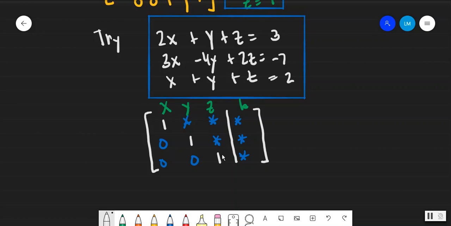So if we can get it in this form, then theoretically we can cut down the number of steps, and that includes higher systems like a 4 by 3, well, 4 by 5 maybe. Because each augmented matrix does have a dimension, so this dimension is like a 3 by 4.